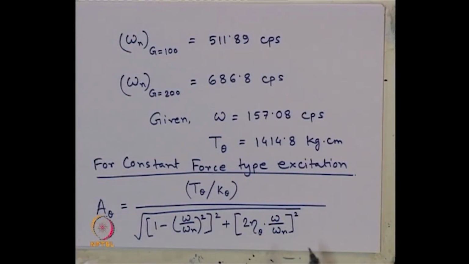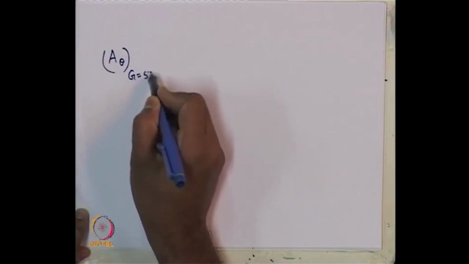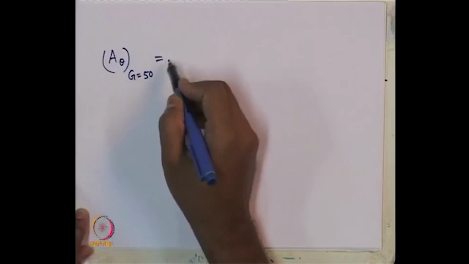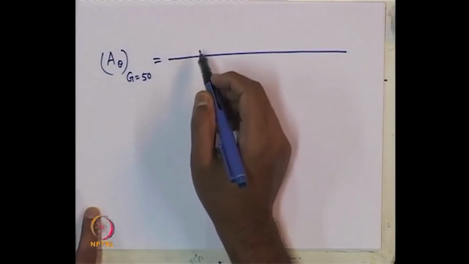It will be radian once again, because it is a torsional displacement. T theta and K theta have the same unit, so it will give the radian, that is angular displacement. So, A theta, what we were calculating for the first type of soil with G equals to 50 kg force per centimeter square is coming out how much?